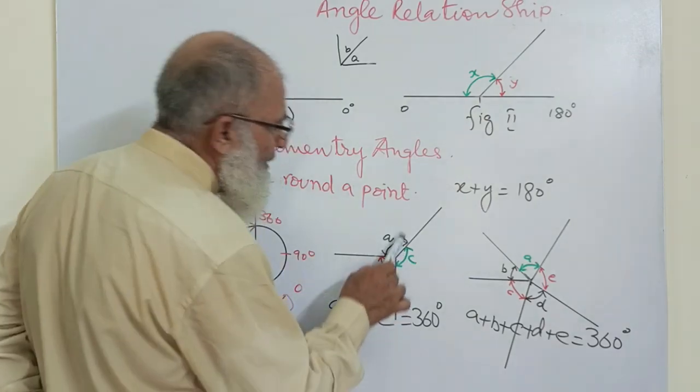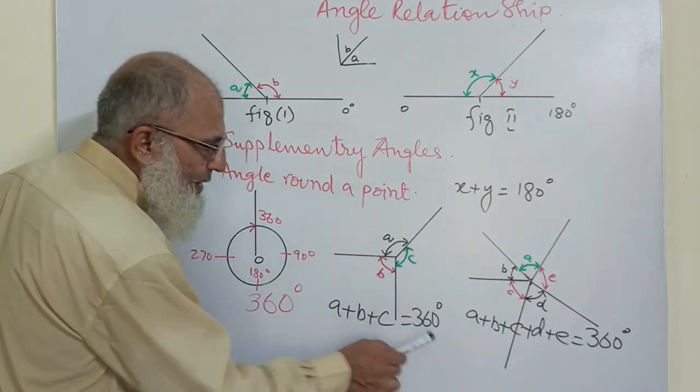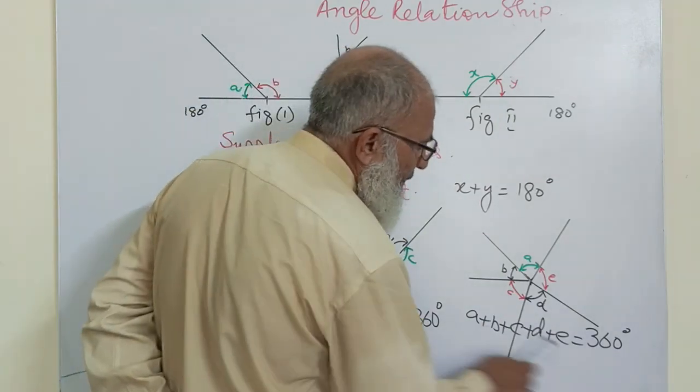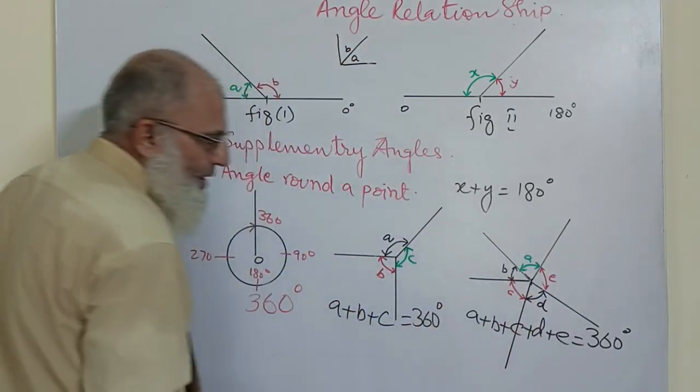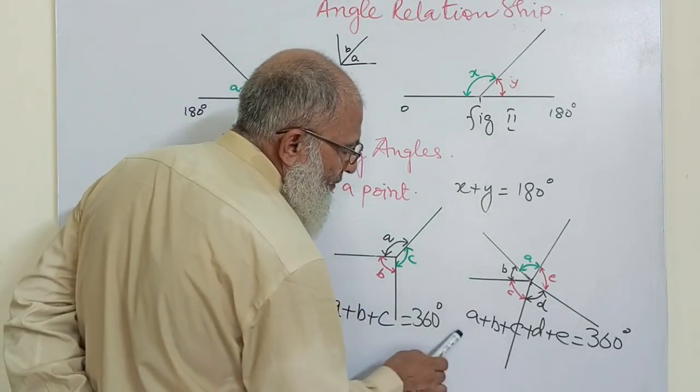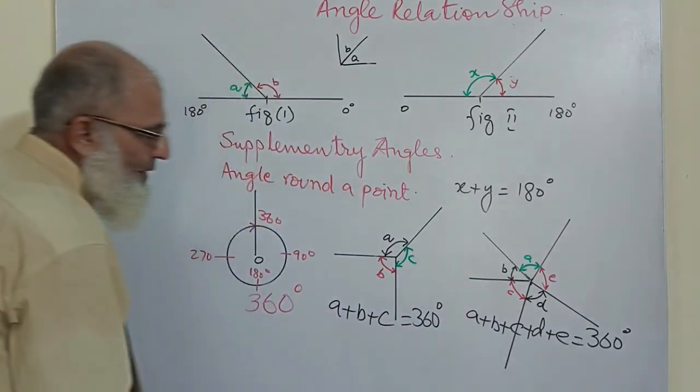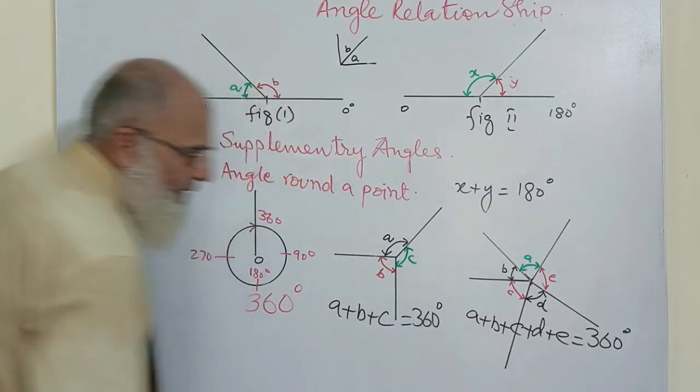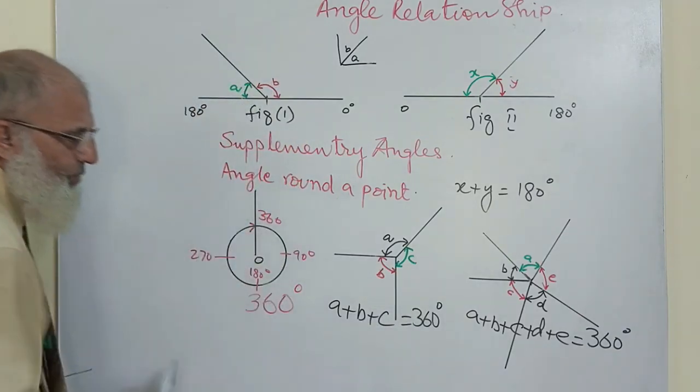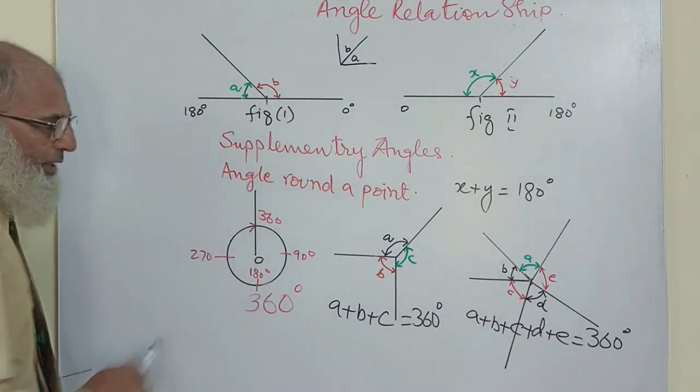There were three angles within 360, and there are five angles within 360. Therefore, when summed up, it becomes 360 degrees. It was only one, so it is called one revolution.